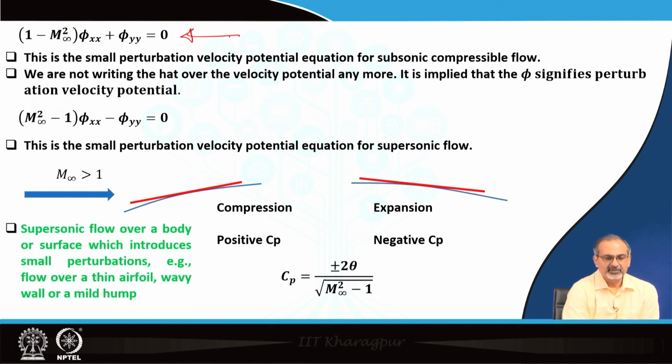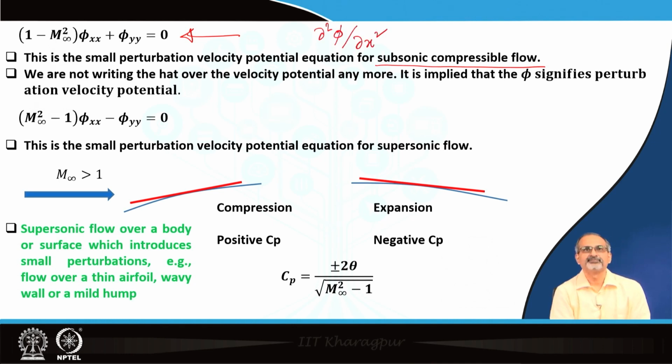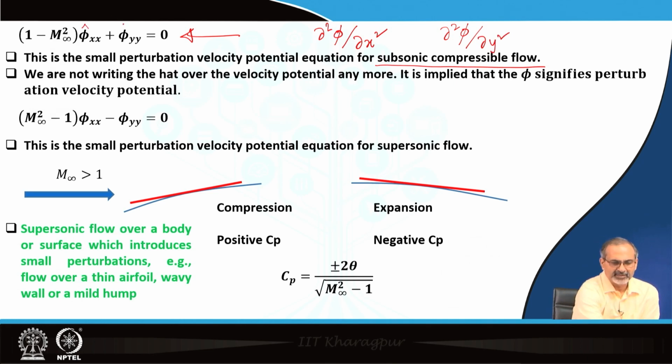Once again, looking at the governing equation, the way it looks when you are talking about the subsonic compressible flow, we write it as 1 minus M infinity square times phi xx, which is basically the second derivative of phi with respect to x, plus phi yy, which is nothing but this, and we have purposely not put the hats anymore, because we already understand that we are dealing with perturbations.